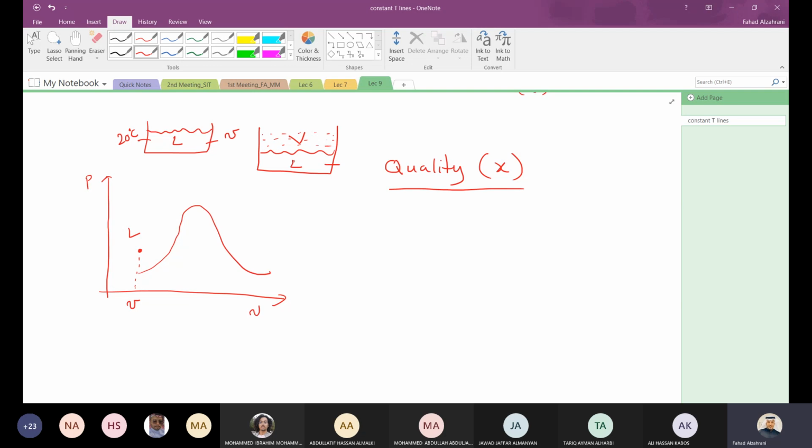This liquid has a specific volume, let's call it vf. And this vapor has a specific volume also, vg. Are you with me?